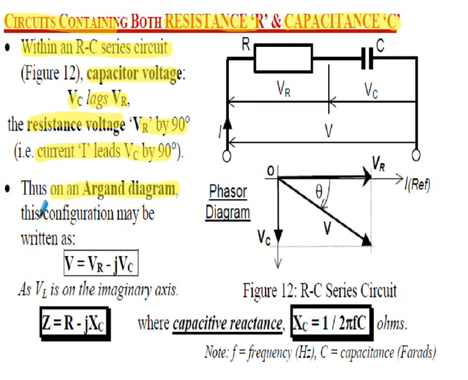So on an Argand diagram, this configuration is written as the total voltage is equal to the voltage in the resistor on the real axis here minus jVC, the voltage on the capacitor, shown here on the imaginary axis. Thus, noting the relationship shown on the previous slide, Z in this case can be written as R minus jXC, where XC is the capacitive reactance, and that's defined as 1 divided by 2 pi FC, where again F is the frequency, but C is the capacitance.